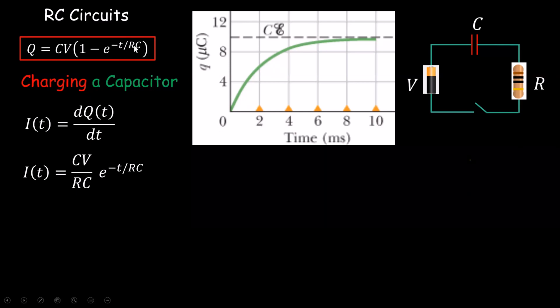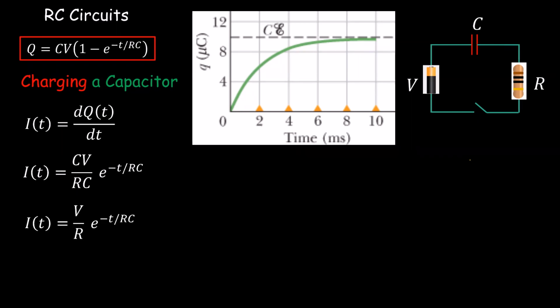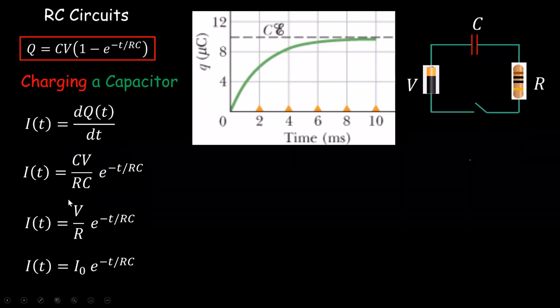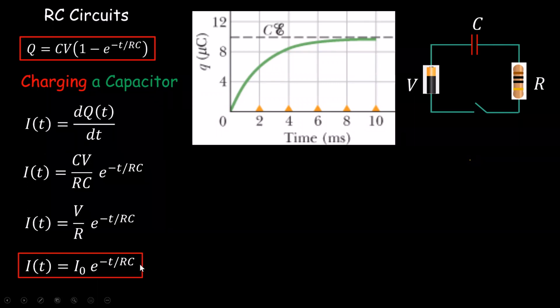This gives us negative 1 over RC, and the negative becomes positive, CV over RC times e to the negative t over RC. C cancels, and V over R is the initial value of the current. So the current is the initial value, V over R, times e to the negative t over RC.